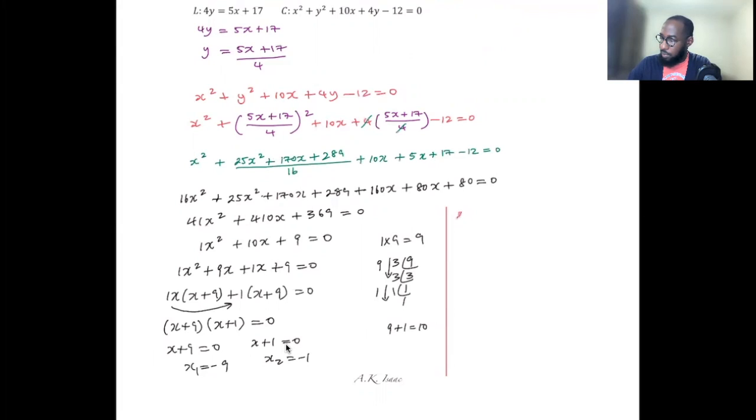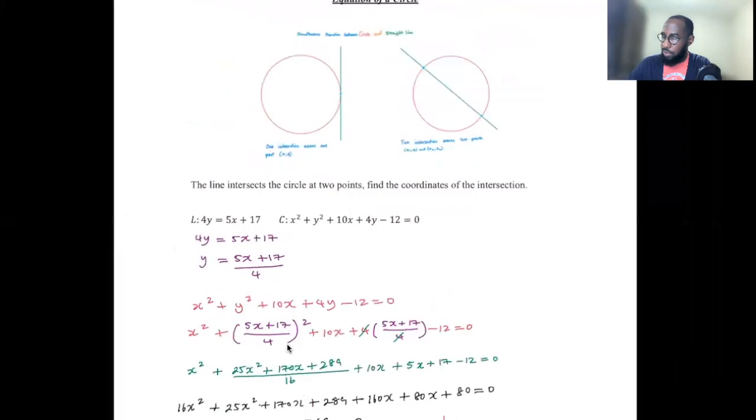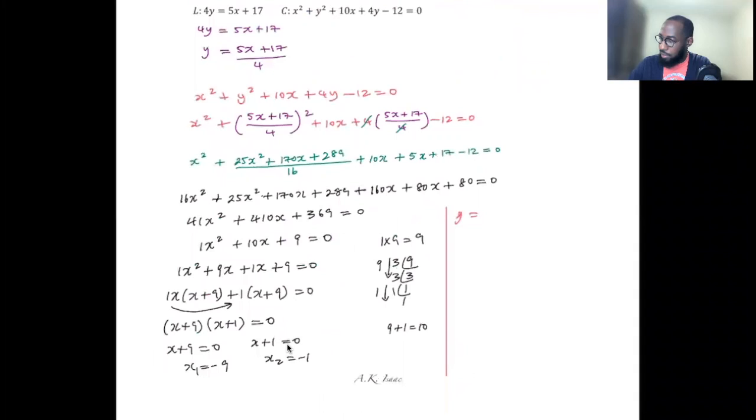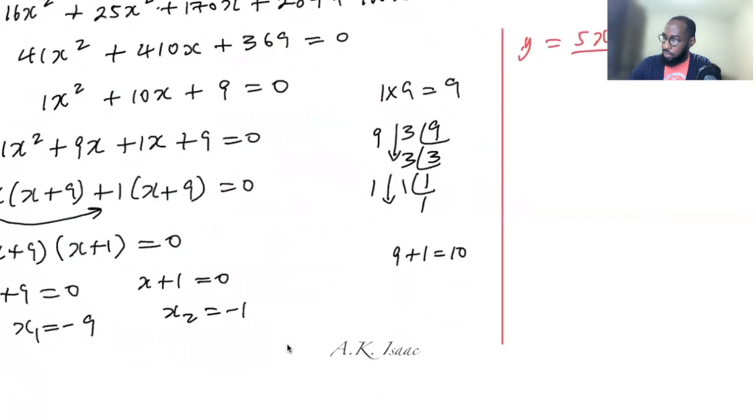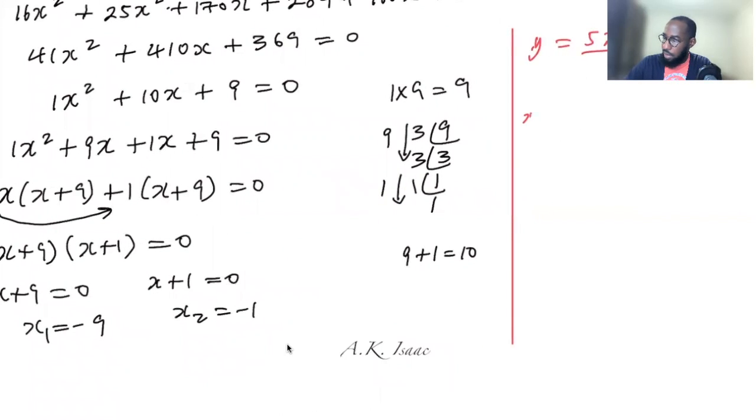Right, so since y is equal to (5x plus 17) over 4, when x1 is equal to -9, y1 is equal to (5 by -9 plus 17) over 4.